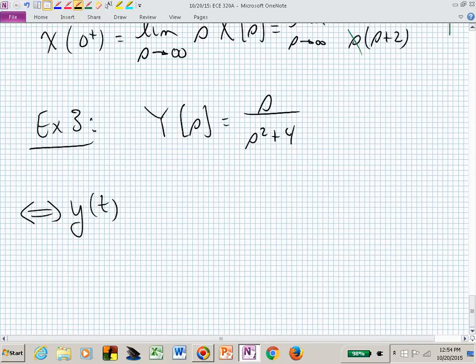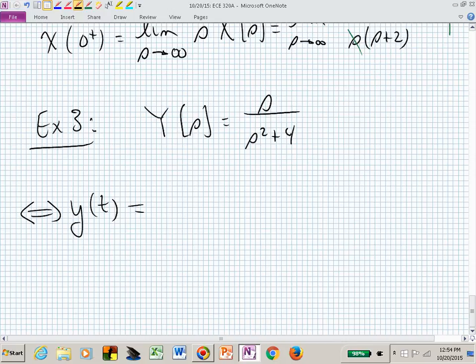Can you immediately write that down by looking at capital Y of s? If you can't, you need to be getting closer to doing that. Where are your poles? They're at plus and minus j2. This is oscillating, isn't it? Do you have any exponential decay on this? No. This is just a pure cosine or a sine.